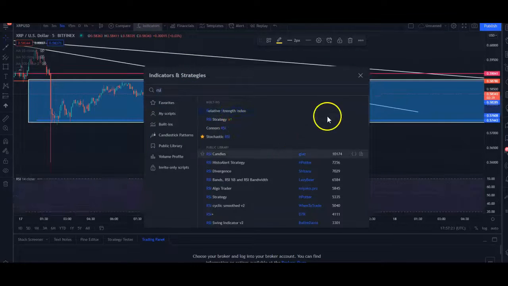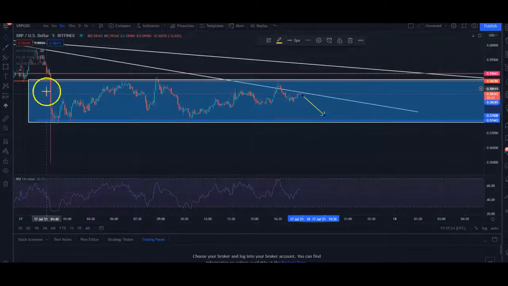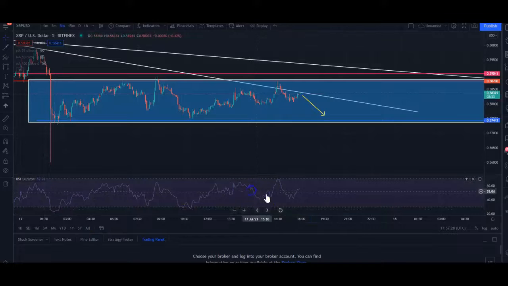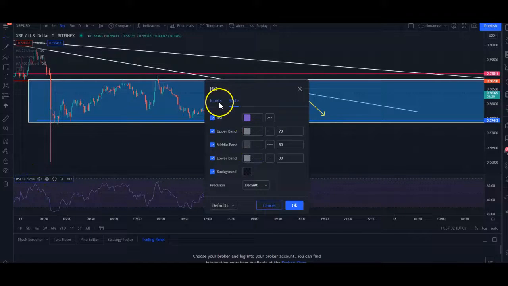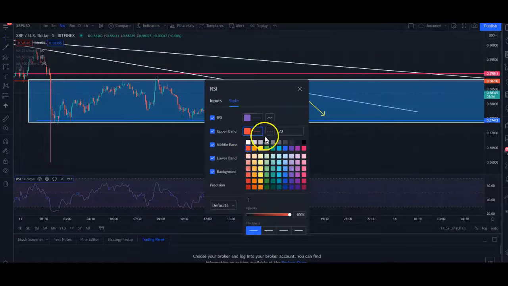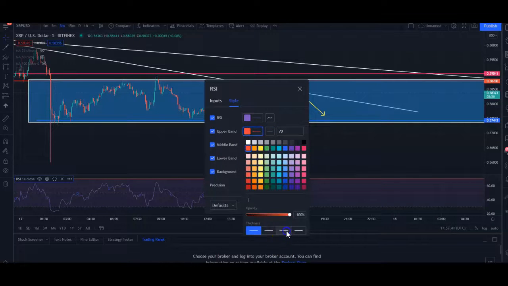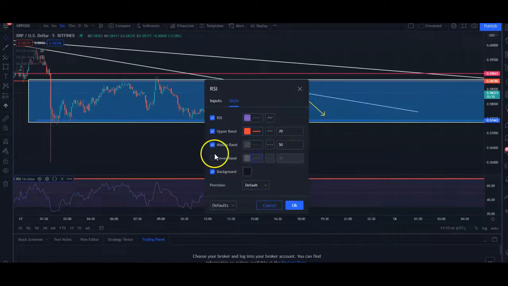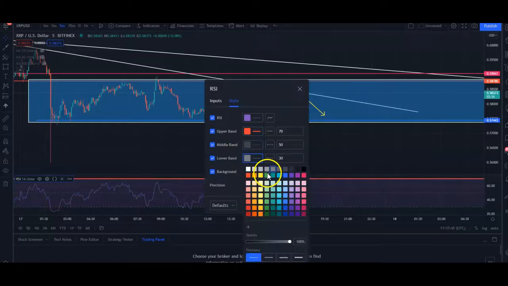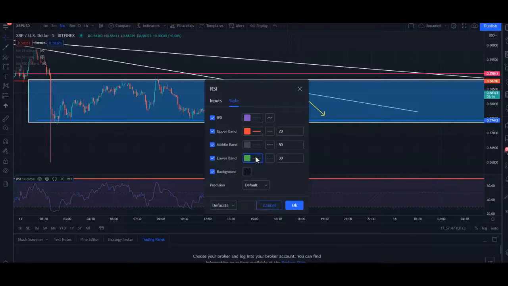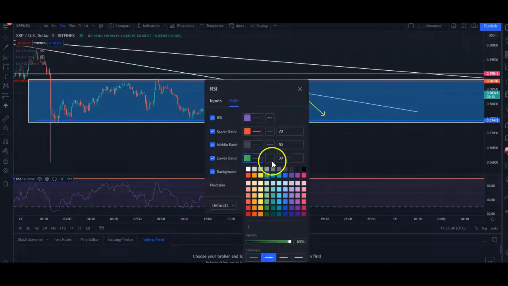RSI, relative strength index, boom. Oh, did I already get it? No, here we go. So we're going to make the upper band red. Lower band, we're going to make green. Make it a little bigger.